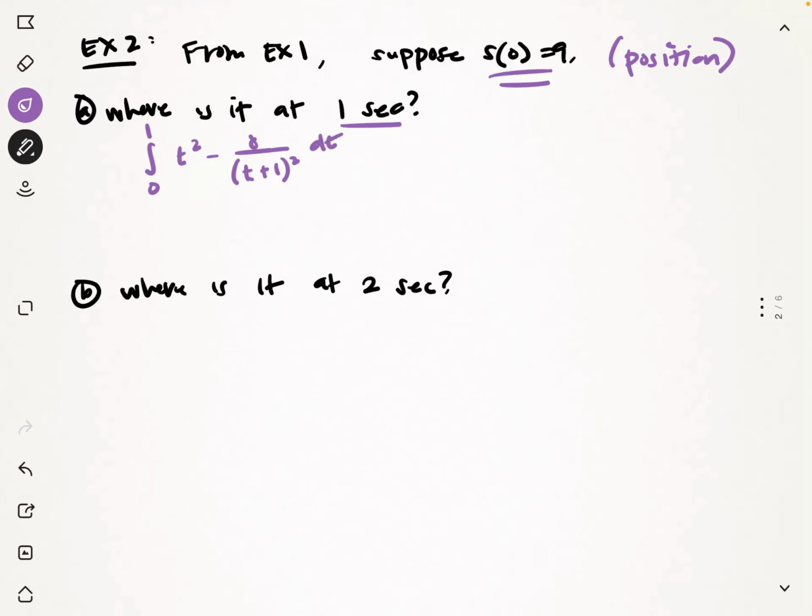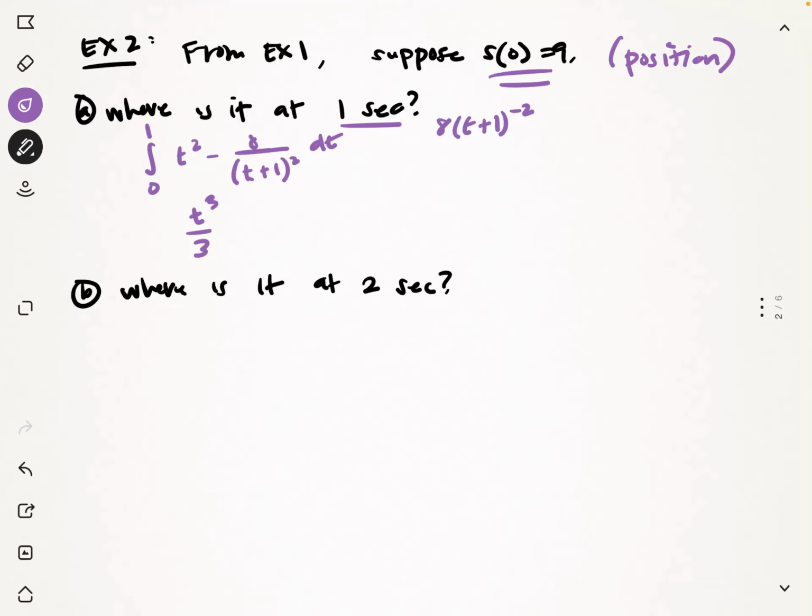Okay, so the first part's easy. That would be t cubed over 3. Now for this second part, we should represent any variables in the denominator as negative exponents. So it'd be 8 times t plus 1 to the negative 2. Right, so we're going to do the integral of that.